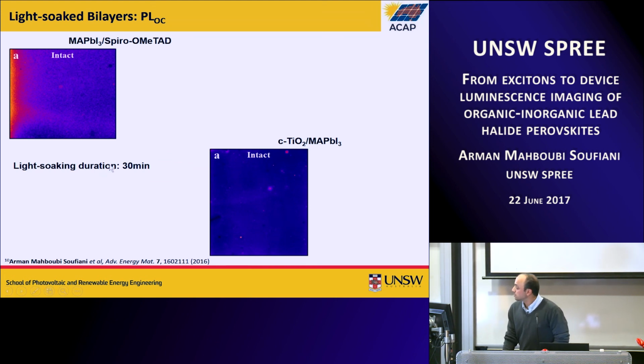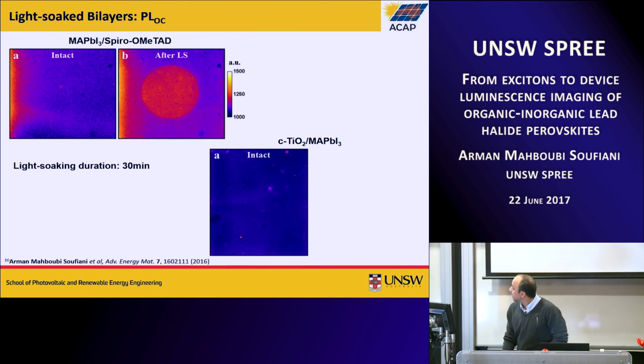And I light soaked these because we don't have the full device, so we can only light soak them and do PL at open circuit condition measurements. After the light soaking, we realized that the region which was illuminated appears brighter than the surrounding. And this tells us that the bulk quality has been improved.